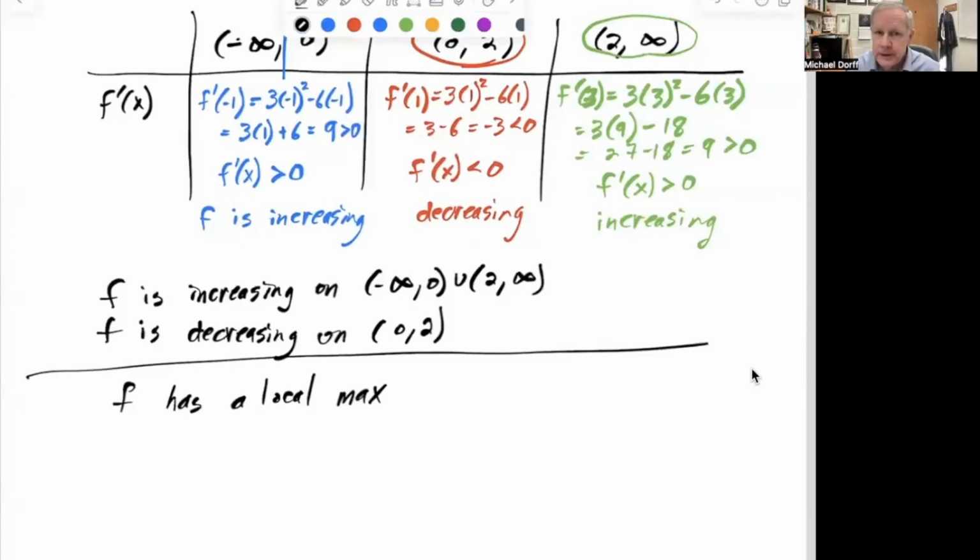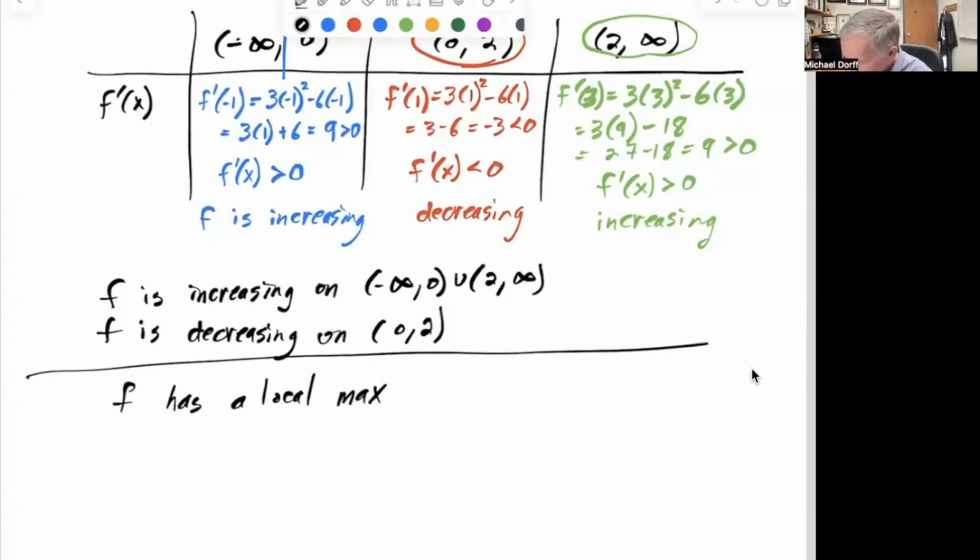Remember, the first approach is if the function is increasing and then decreasing, where it changes, it has a local max. The other approach was to find the critical number and then look at the second derivative there. And if the second derivative was negative at that critical point, then it has a local max. That first approach is easier here.